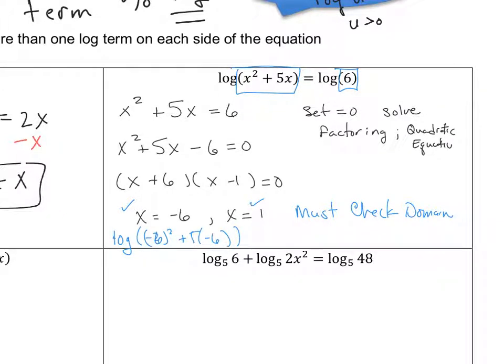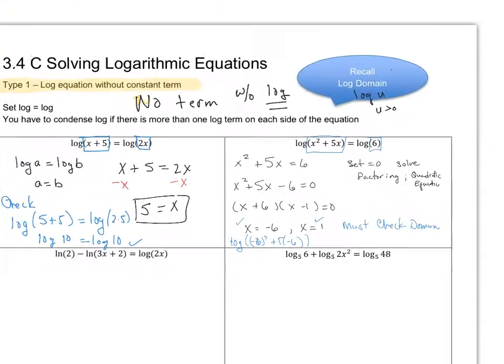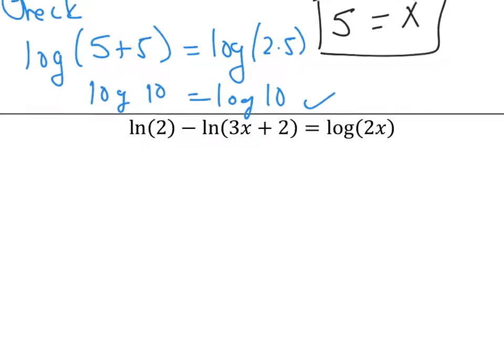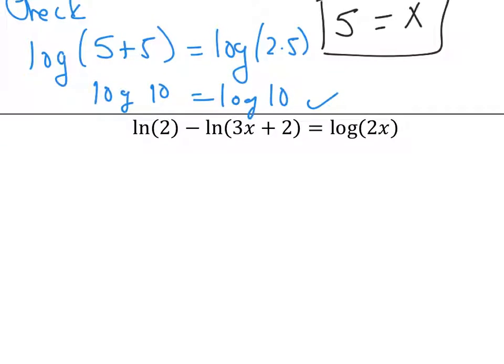All right, let's go ahead and come down and look at my next example. This example is a little bit more involved because if you'll notice, this is not in the form of log is equal to log. That's our first goal.